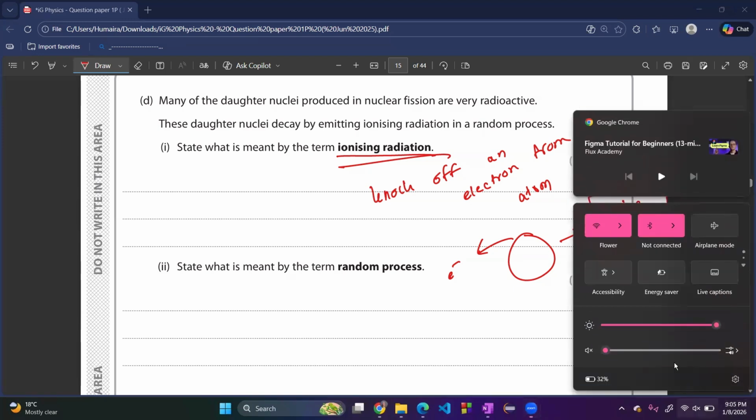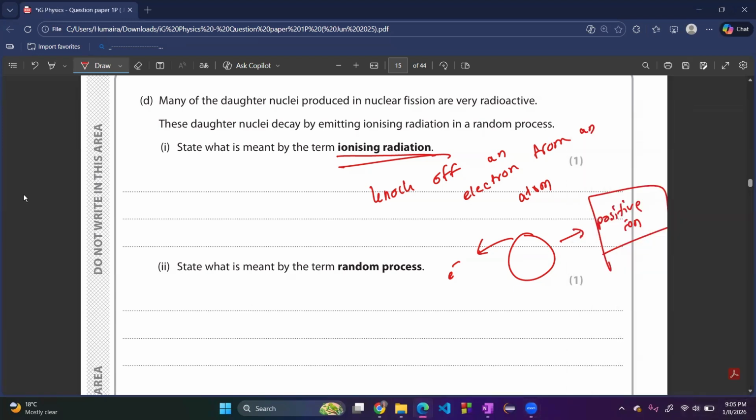Now, there is only one difference that you will find here, and that is ionizing radiation. Here, I have only talked about positive ions, right? Because it's always the knock off of an electron. It's always the removal of an electron. So if an electron is removed, the atom will always form a positive ion. There is no formation of negative ions, okay? So what can we write?